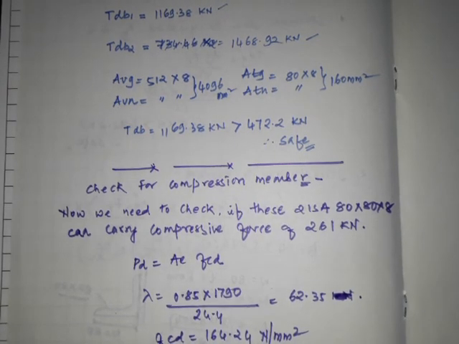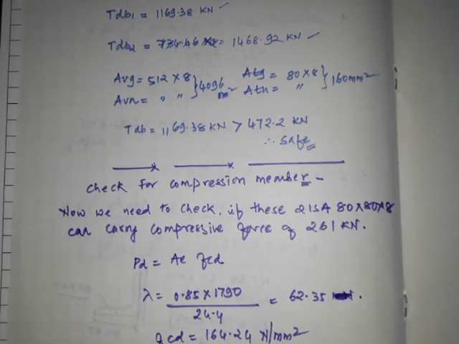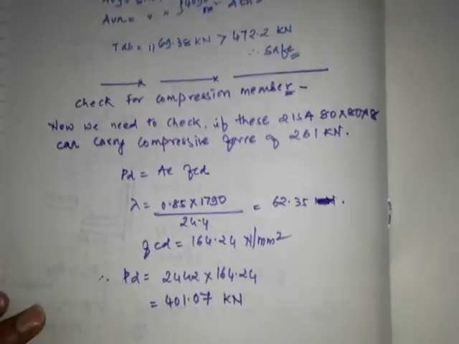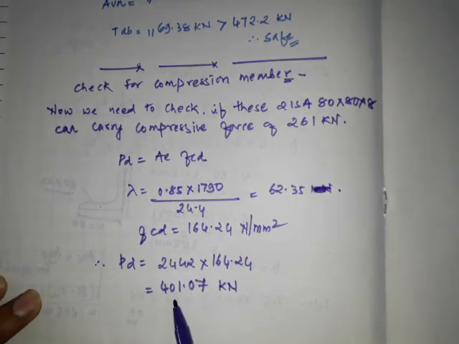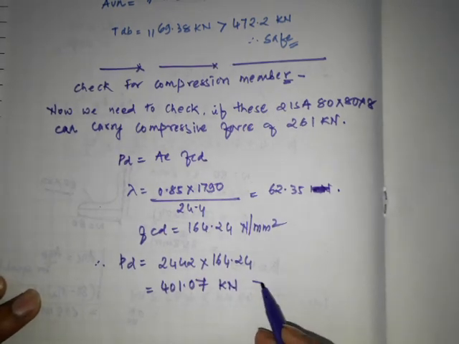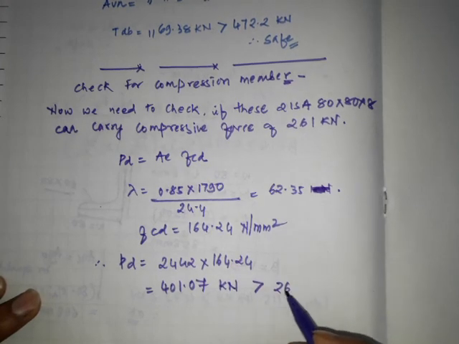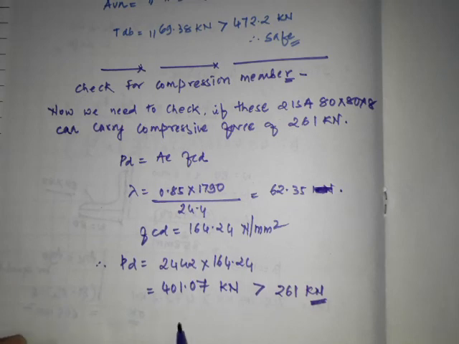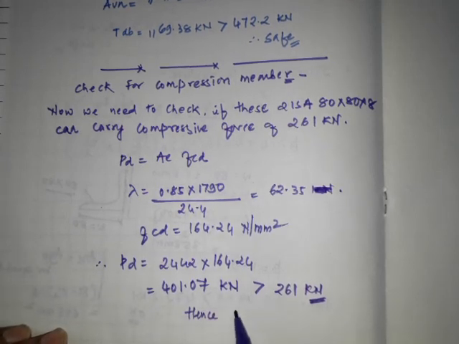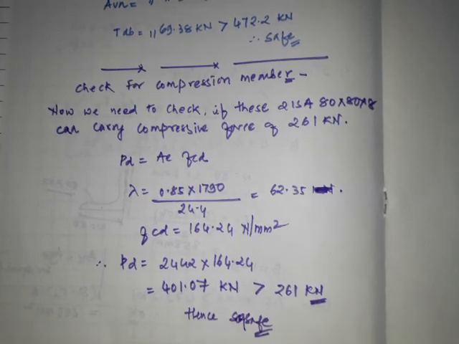So we get the force as 401.07 kilonewton. The load carrying capacity of the section, by multiplying area into FCD, is 401.07 kilonewton, which is more than 261 kilonewton. Hence it is safe.